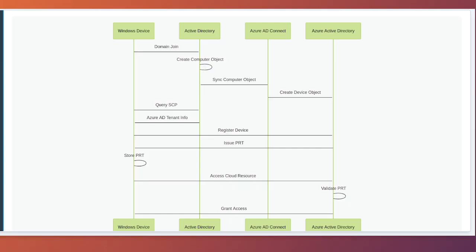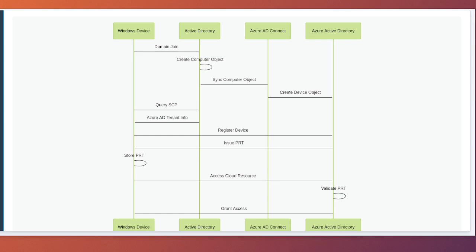Azure AD issues a primary refresh token that is stored on the device and used for subsequent authentication to cloud resources. This registration process happens automatically for domain-joined devices when hybrid join is properly configured, requiring no user interaction. The device then appears in Azure AD with a hybrid join state, indicating it has both on-premises and cloud identities.